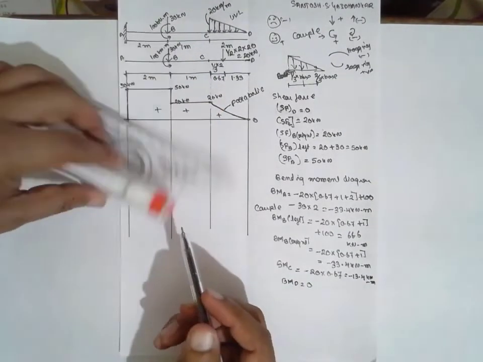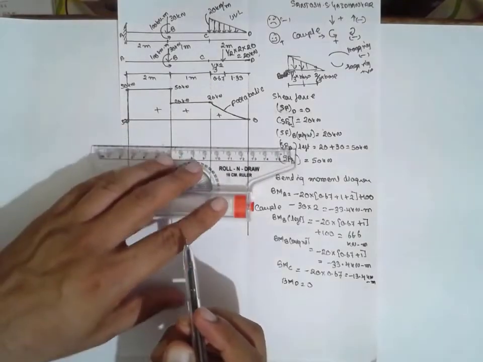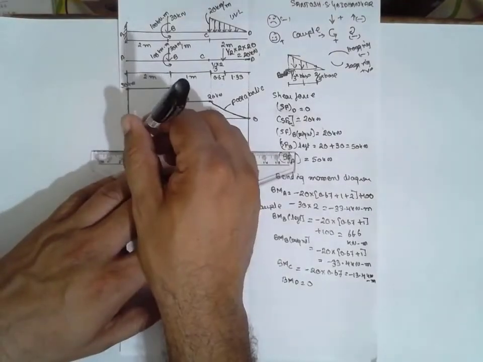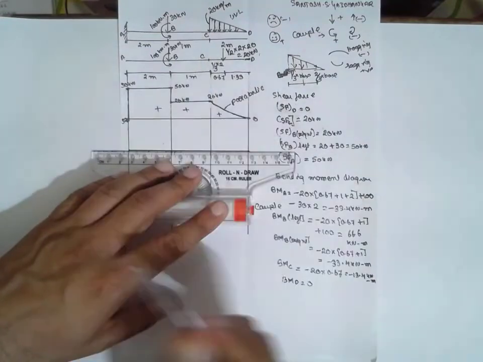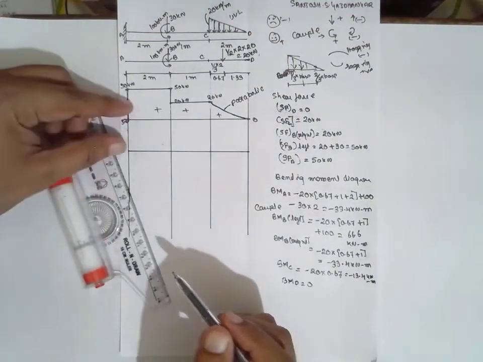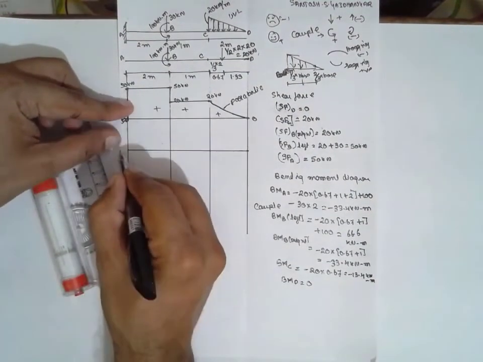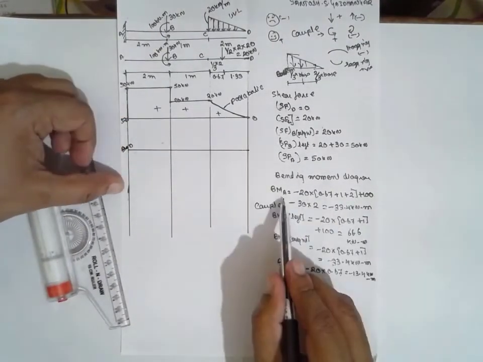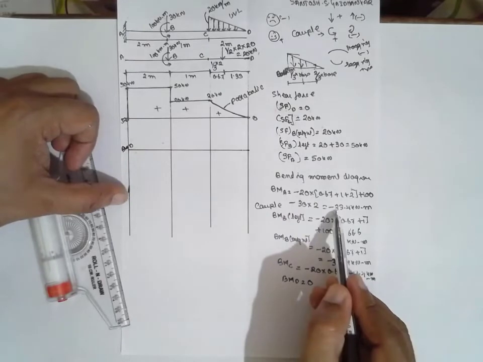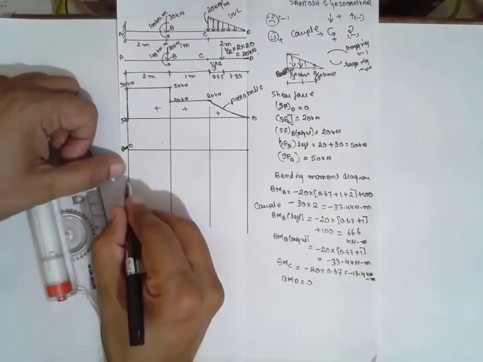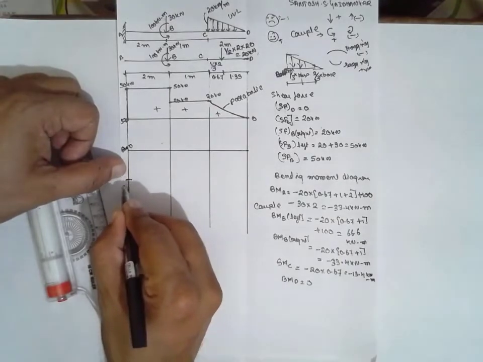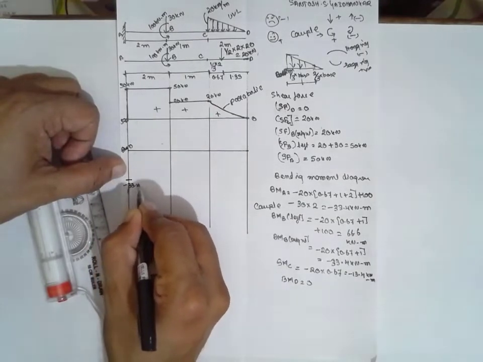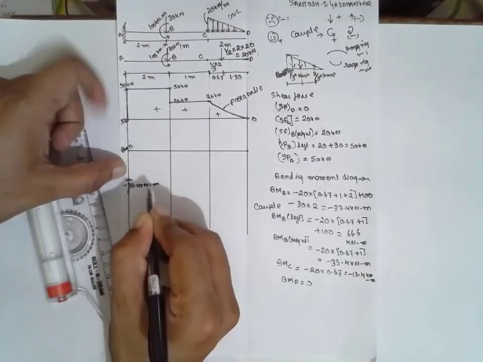Now we have to draw the bending moment, BMD. The first value for A will be minus 33.4 kilonewton meter. This is the A point.